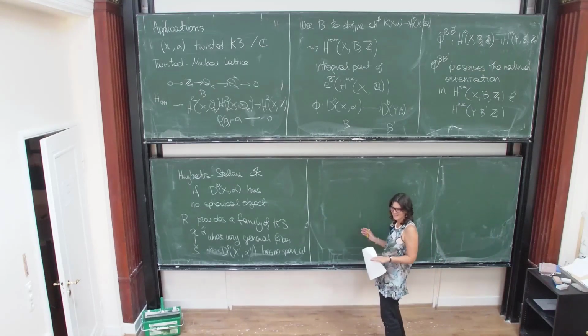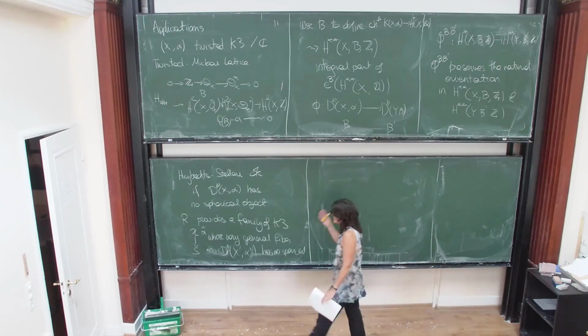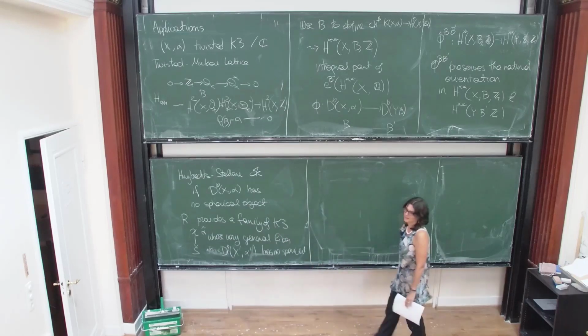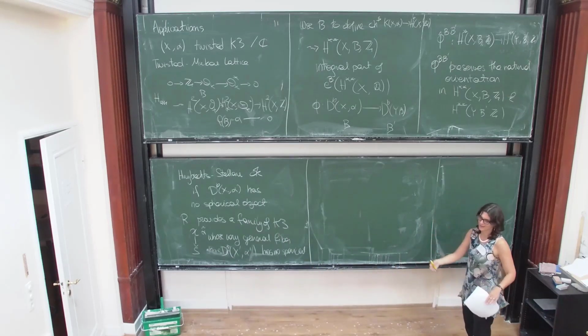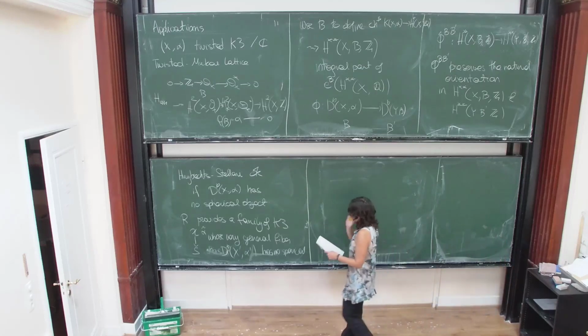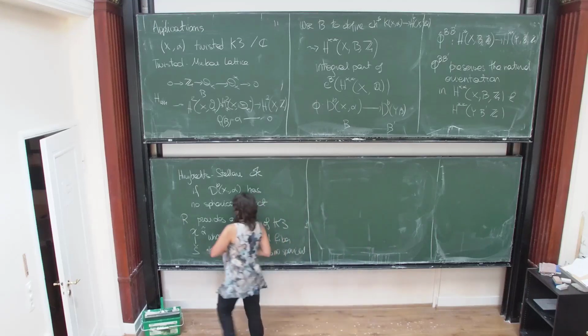Everything is super nice as soon as the Brauer class is tame, but if it becomes wild, then the deformation problem also becomes wild.